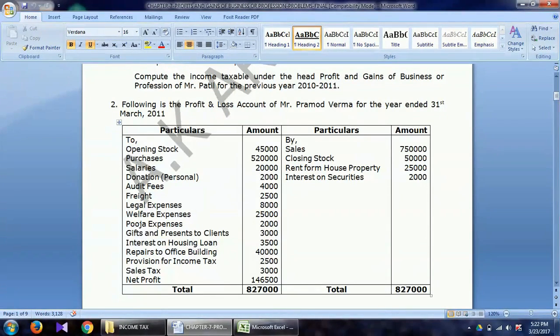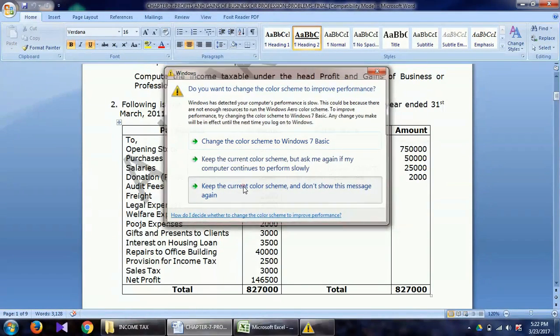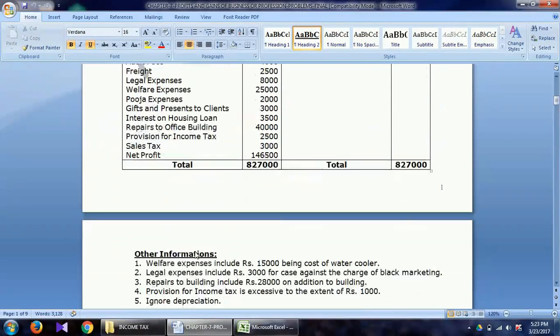On the debit side, opening stock, purchases, salaries, donation, audit fees, freight, legal expenses, welfare expenses, puja expenses, gifts and presents to clients, interest on housing loan, repairs to office building, provision for income tax, sales tax, and net profit are given.